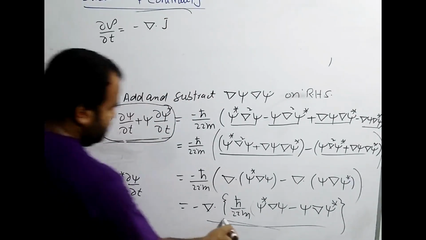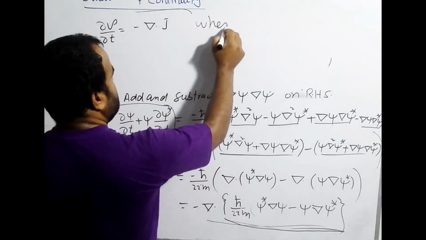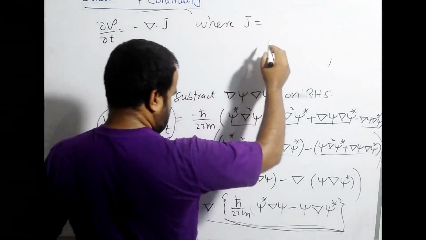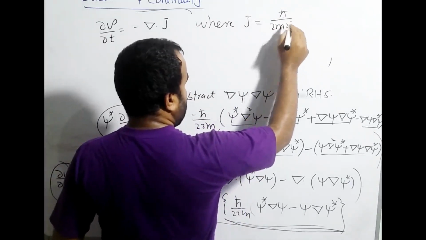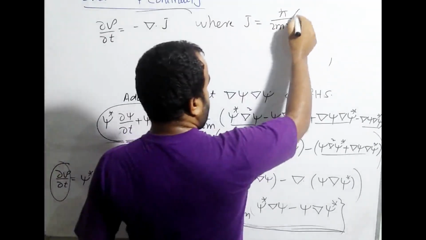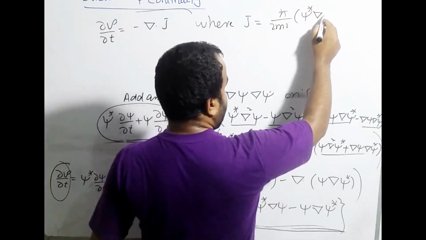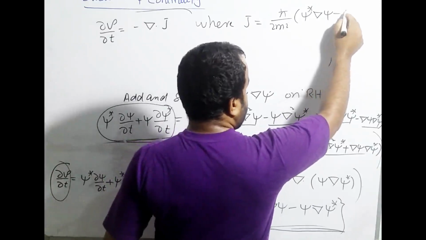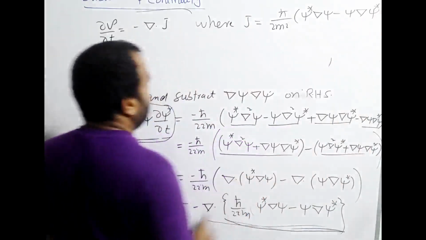Because this value is equal to j, where j is equal to h cut divided by 2m iota into psi star del psi minus psi del psi star.